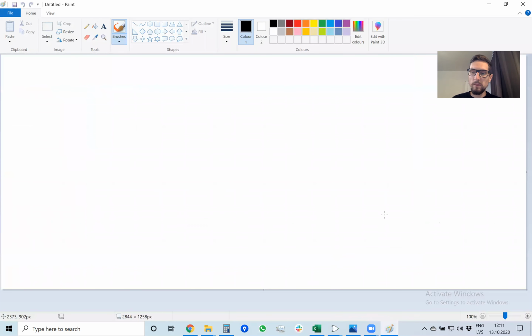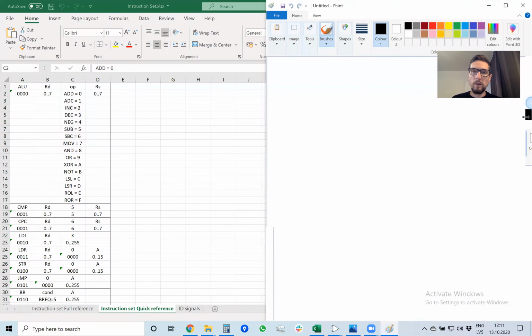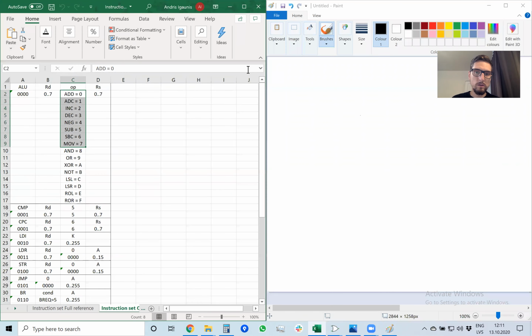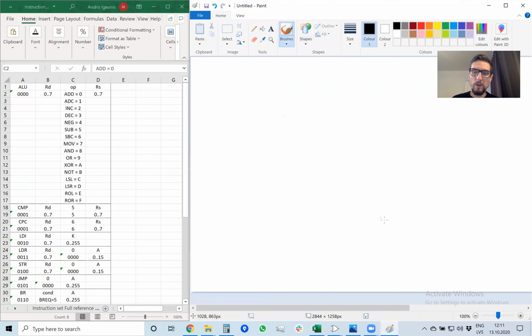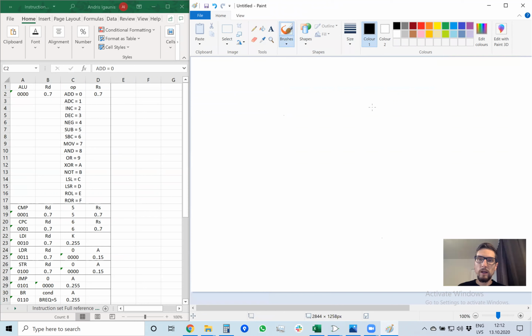So first, let's create a table in which we put an overview of these functions. Let's say we have the following inputs: A, B, and carry in. And let's see how we can realize these first 8 functions.